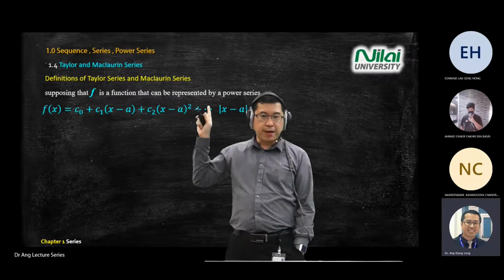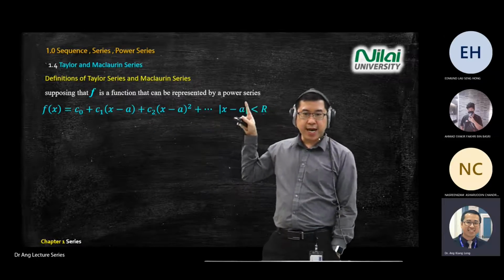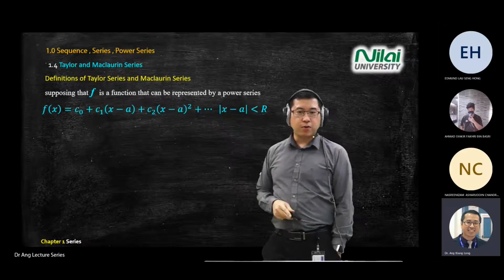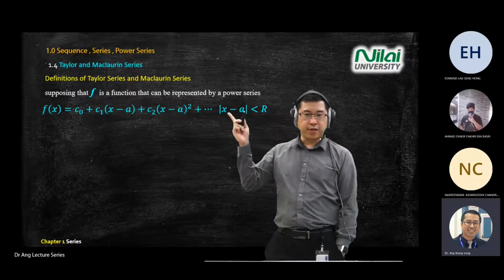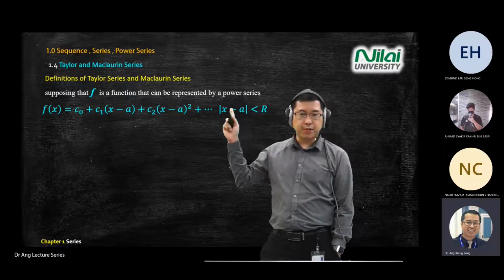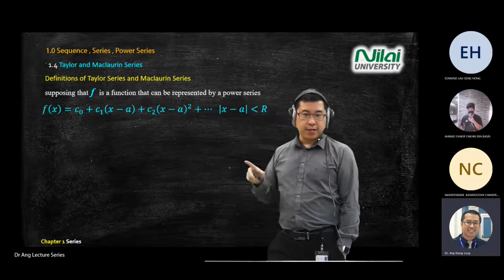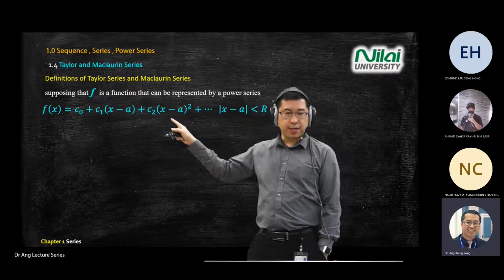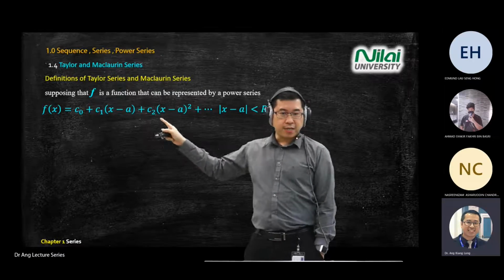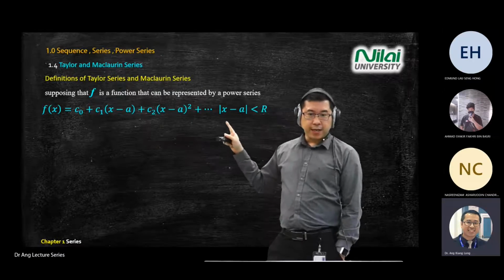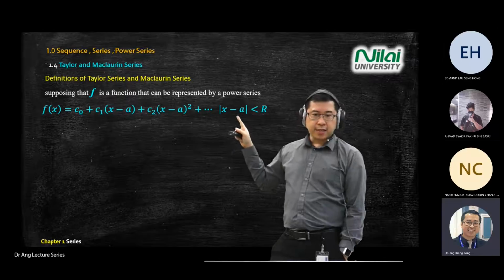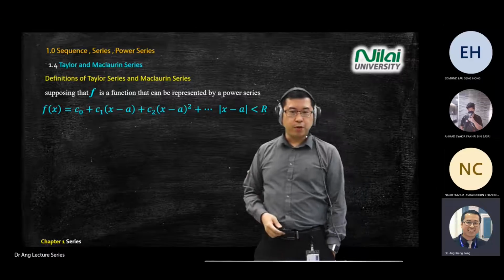And in power series, we always start with n equals 0 first, then until infinity. That's why the first number is always a constant value, and so on. This formula is familiar, we keep repeating it. And our x minus a must be less than r to become convergent.